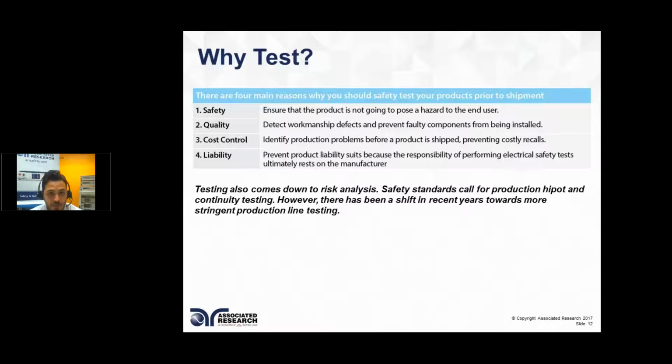Quality. You want to be able to detect workmanship defects and prevent faulty components from being installed, right? A lot of people are told to only run an AC high pot test. They might do AC and DC. They might do it at a higher voltage. They might run longer tests because they just want the quality of their products, not to just meet the minimum of UL standards, but to go above that.